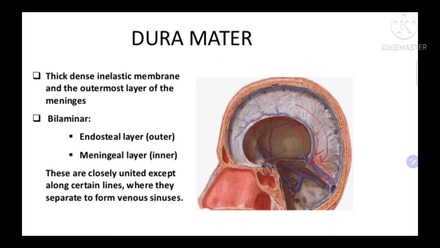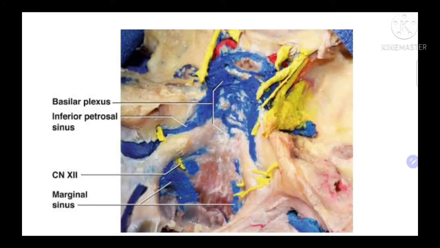We're going to have also, these three sinuses are unpaired, okay? And the paired ones, we're going to have the marginal sinus. They are very small, very narrow sinuses, and they are located in the jugular foramen, and they communicate with the terminal part of the sigmoid sinus. You can see here the marginal sinus.